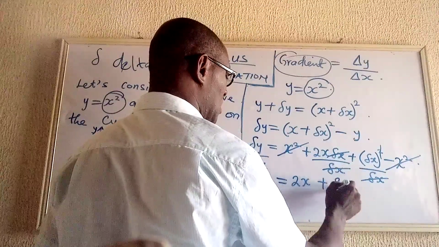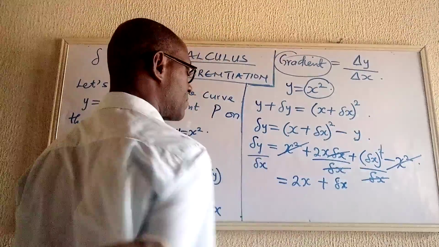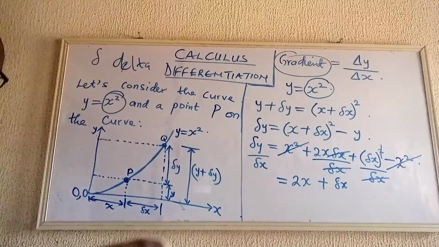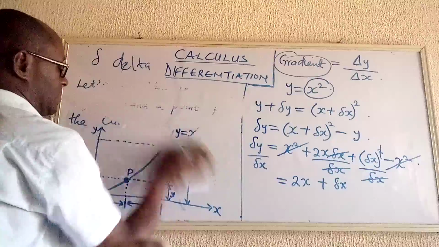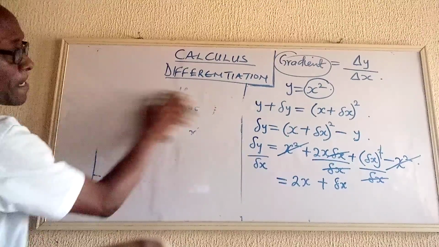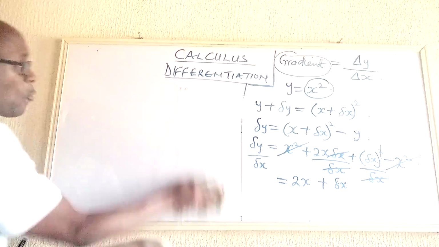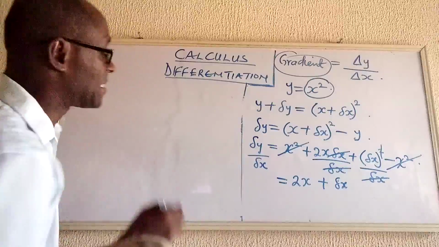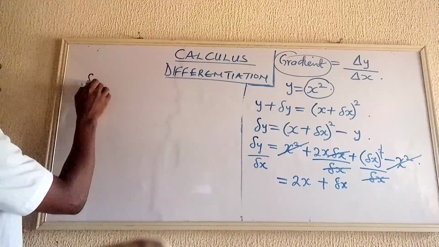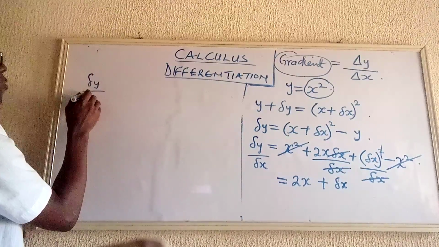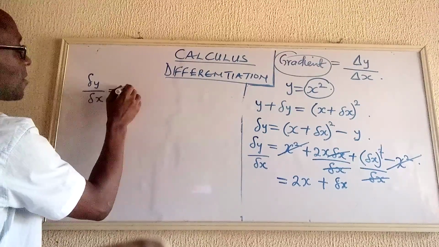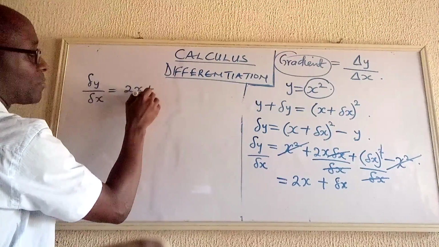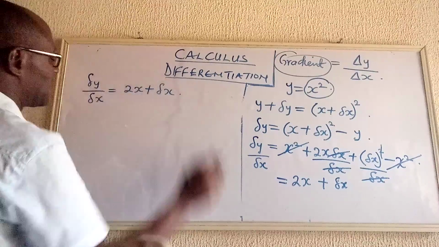We have one delta x left. Now, what we have left here is delta y over delta x equals 2x plus delta x.